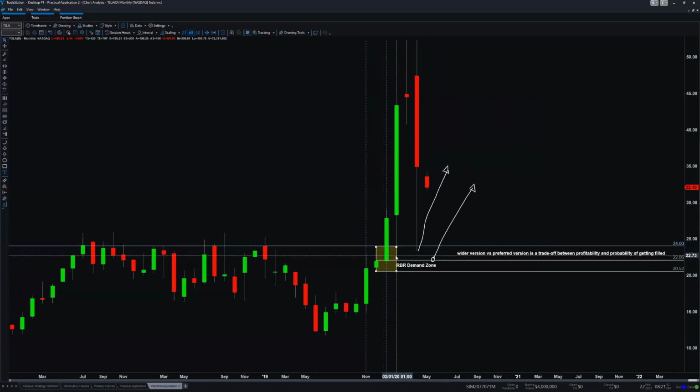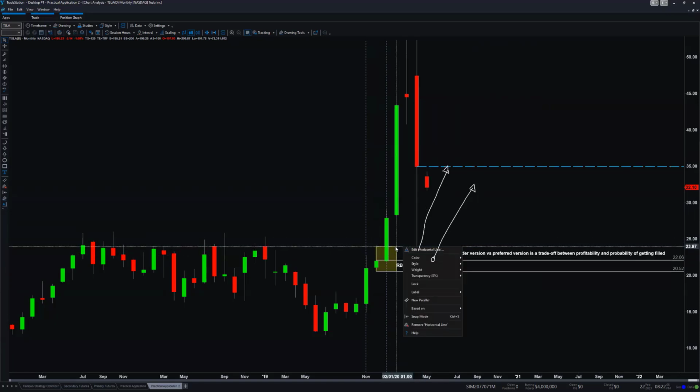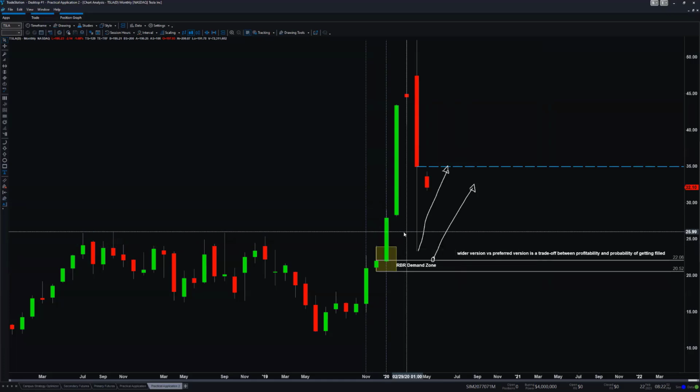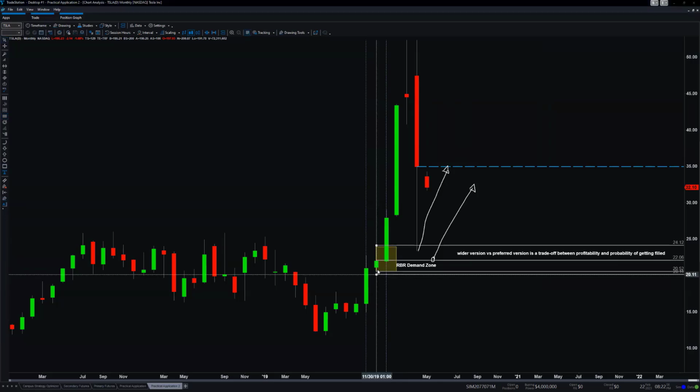However, if we're applying our boxes to, let's say here, if this is our target, and this is our entry, and our stop is somewhere below, right?